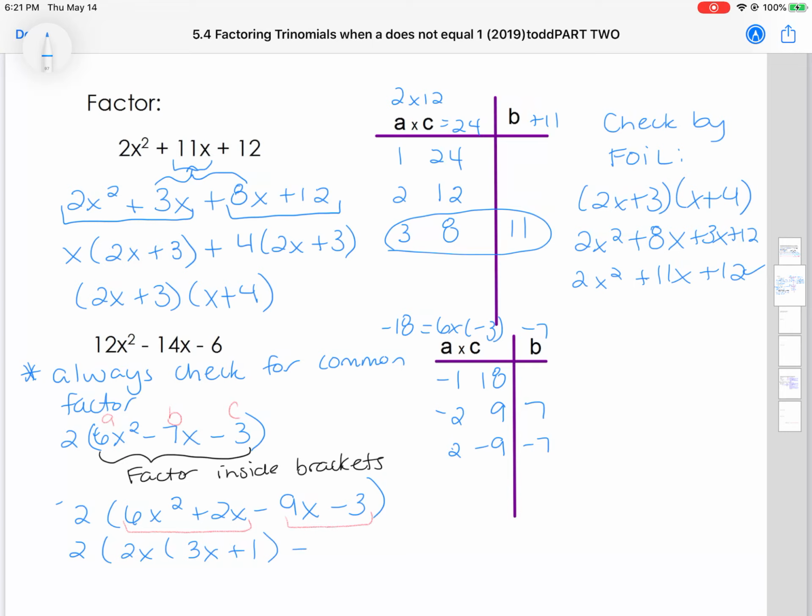And let's divide by negative 3, because inside we want to end up with positive 3x and positive 1. Okay, so keep the 2, and it doesn't matter which brackets you write first. 3x plus 1, 2x minus 3. So the same sort of group factoring we did last time. Okay?